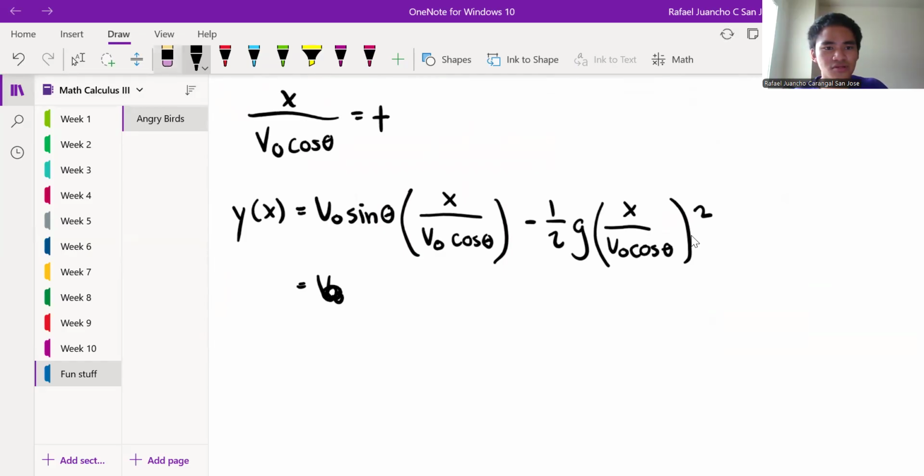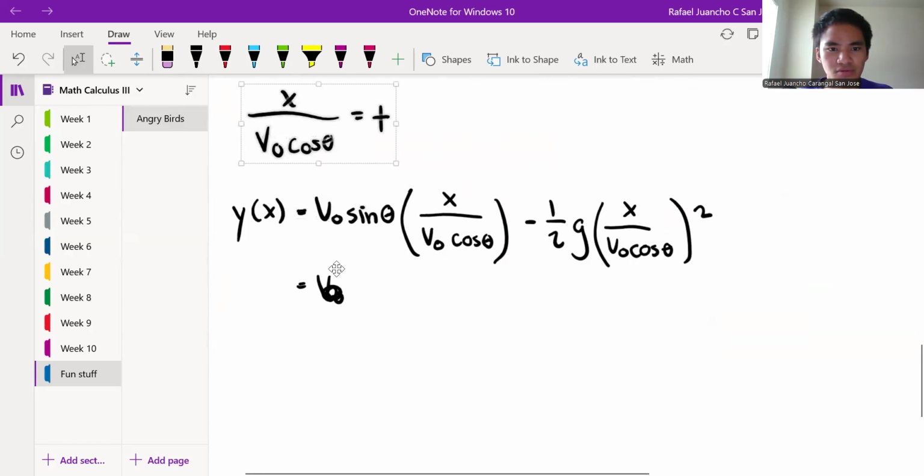Oh, now my eraser's not working again. Nice. Oh, what is that? Weird. Okay, sure, keep going. What if I do this? Okay, having some issues here. Now can I do this?